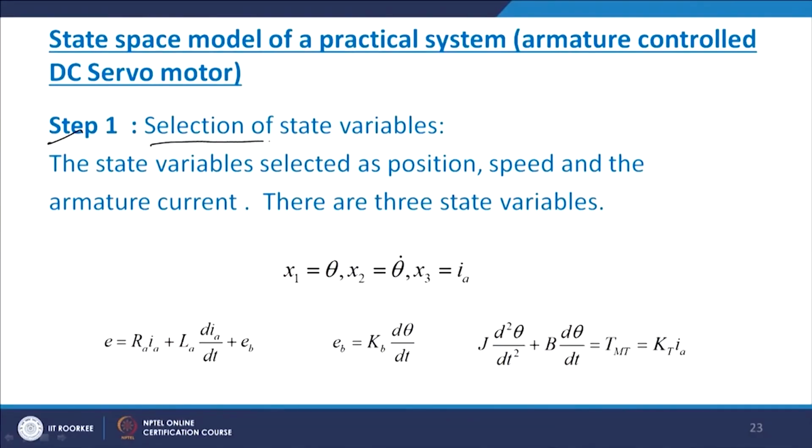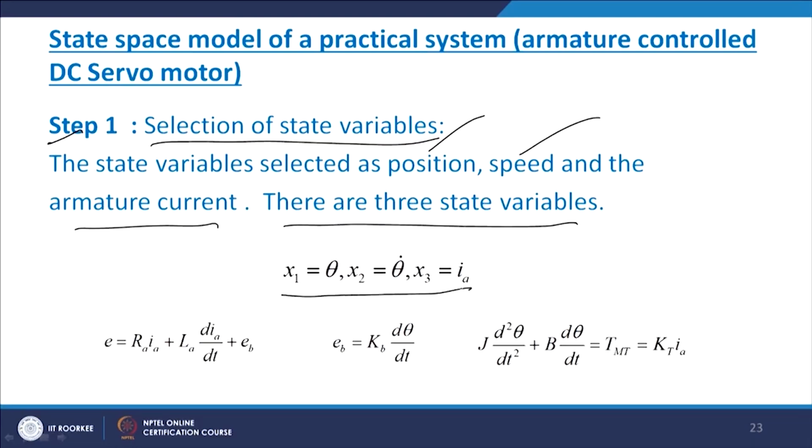So first of all we will consider the state variables. In this case, step 1 is the selection of state variables. The state variables selected are position, speed and the armature current. So there are 3 state variables, because we have expressions in terms of d theta by dt, d square theta by dt square, and the armature current is also very important here.